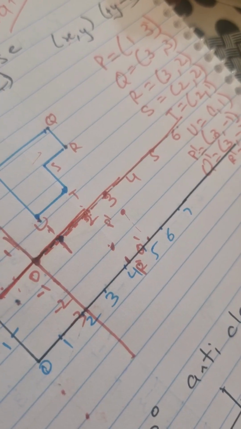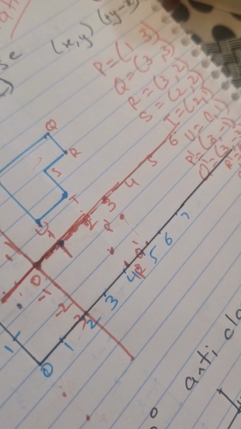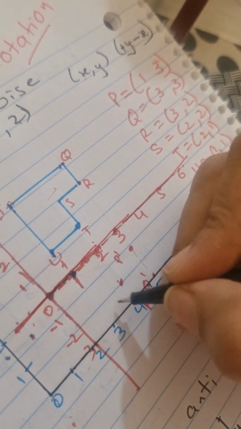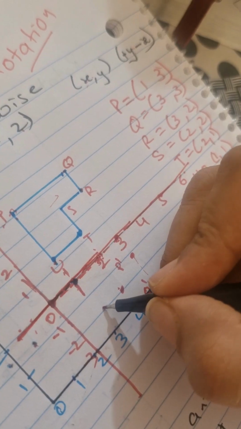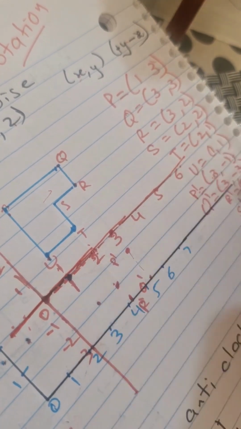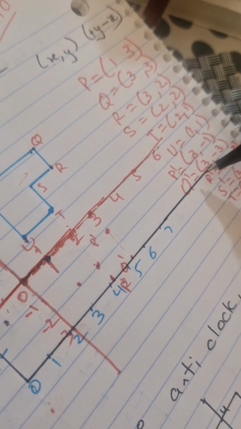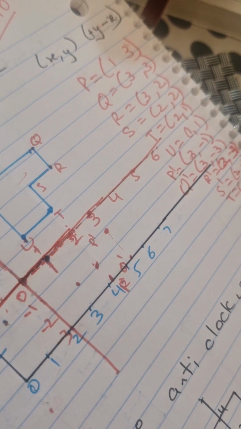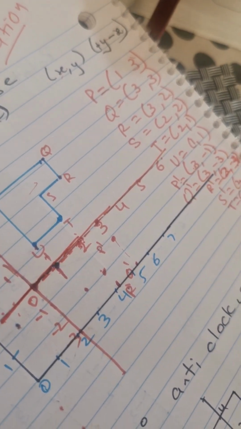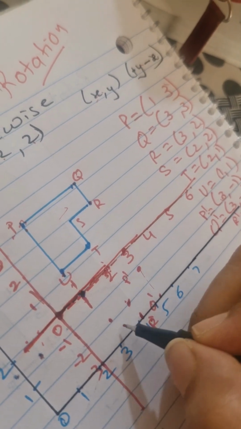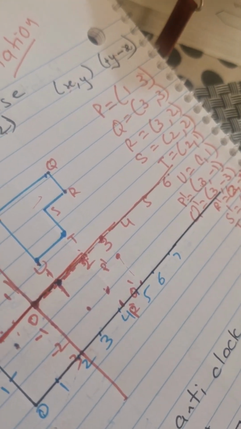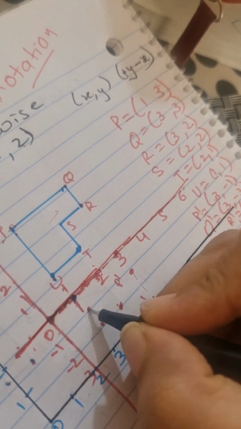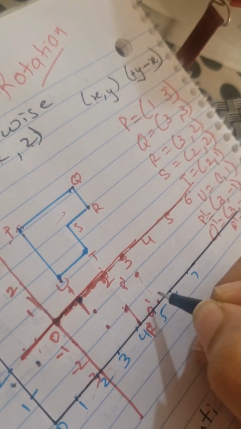And then T prime, you have 1 and negative 2. Did I locate all? P, Q, R, S, T. Did I leave out one more? And U, sorry, 1 and negative 1. Okay, so this one is your new image.